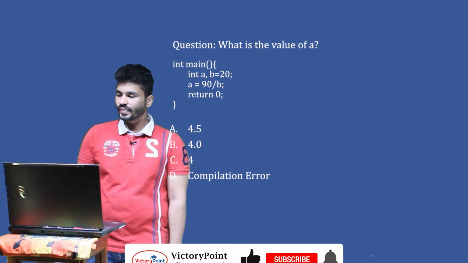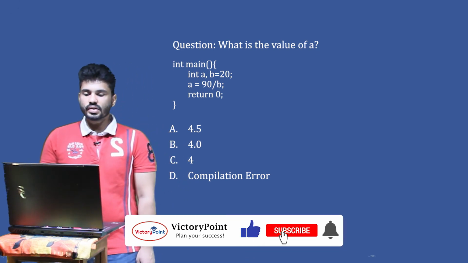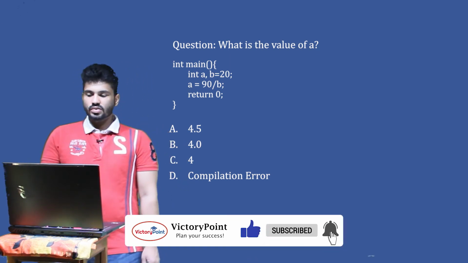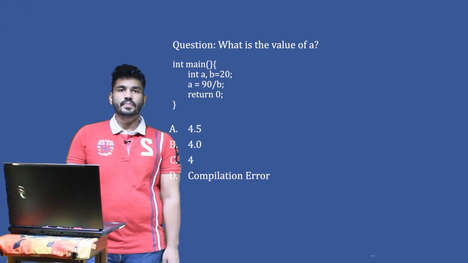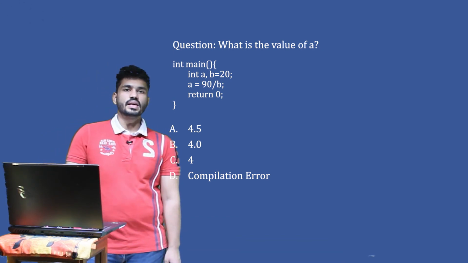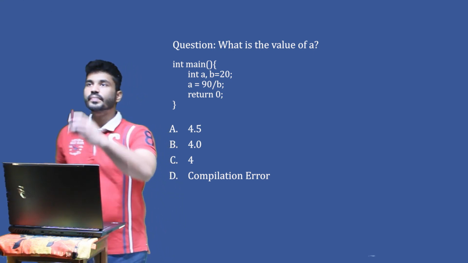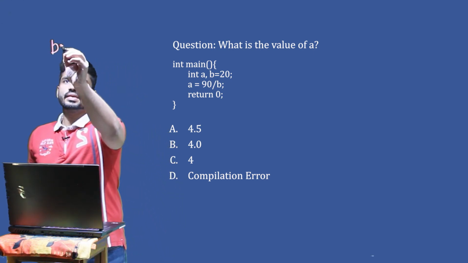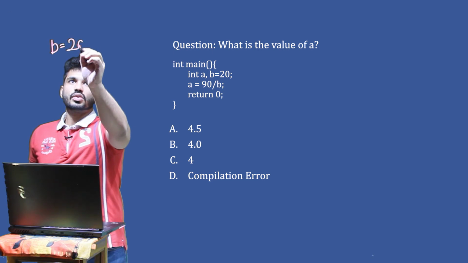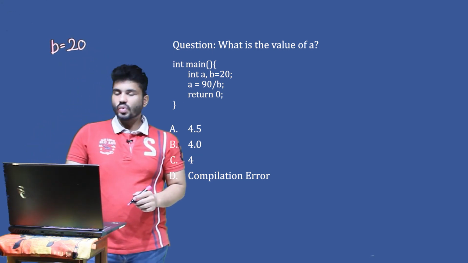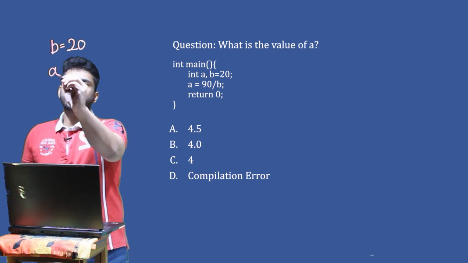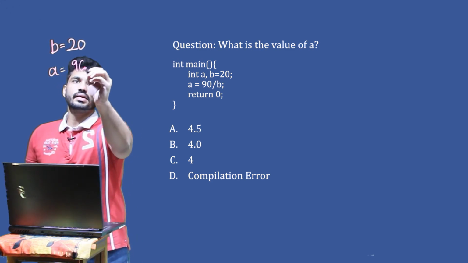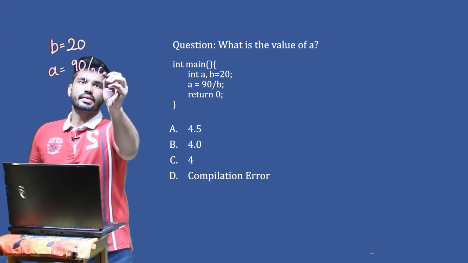Moving on, predict the output of the following Java code snippet. We have a code snippet with us. In this we have declared a variable A, and initialized variable B with value 20. So here B is equal to 20. Now we are calculating A as 90 upon B. So A is equal to 90 upon 20.